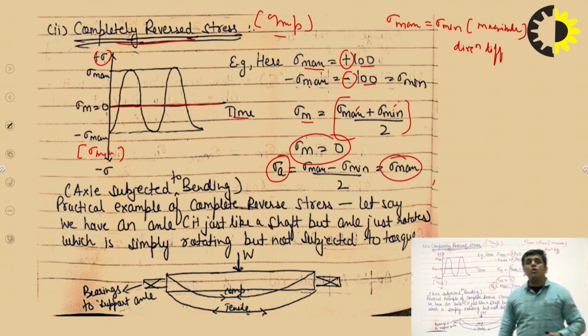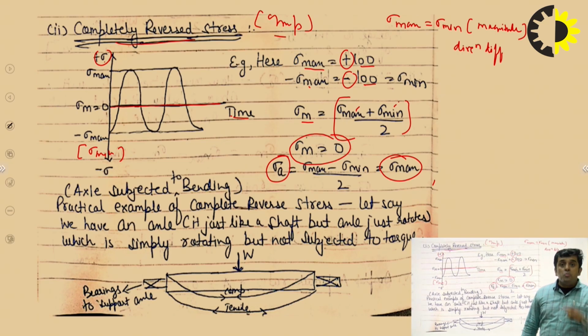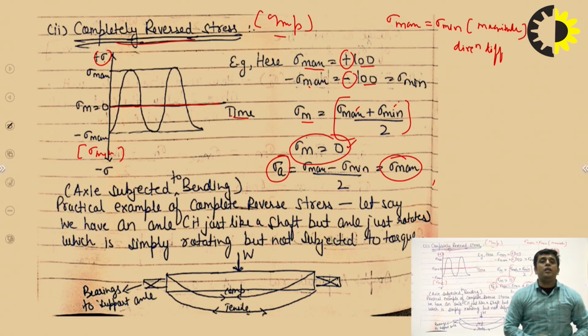So we came to the conclusion that in a completely reverse stress, mean stress will always be equal to 0, and amplitude stress will always be equal to the maximum stress.